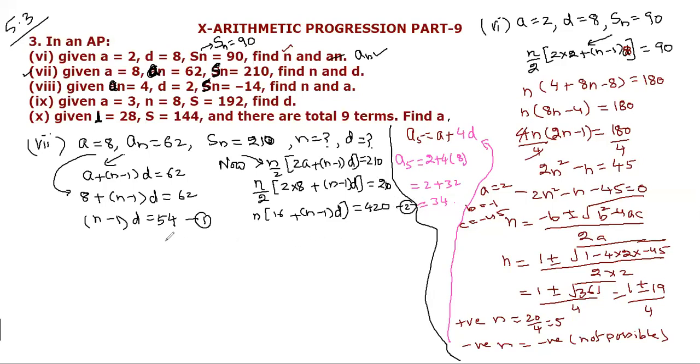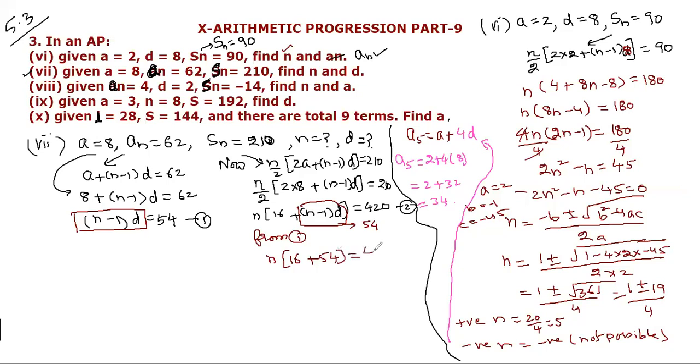Now, instead of multiplying and subtracting, we can see directly that this value n minus 1 into d is 54. And here also you can find n minus 1 into d. So if this is replaced by 54, then we can get the value of n easily. So from first we can put, n into 16 plus 54.